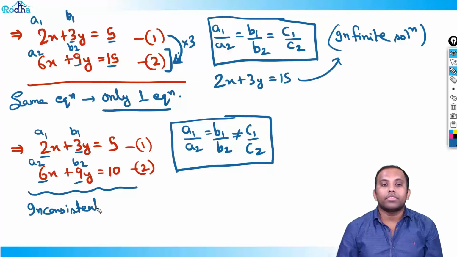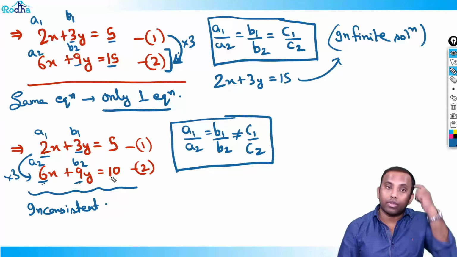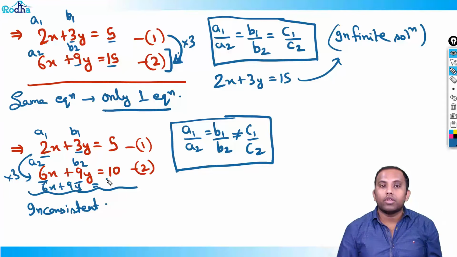The equations are inconsistent because a1 by a2 equals b1 by b2, which means this is multiplied by 3. So if 2x plus 3y is equal to 5, and it is multiplied by 3, that means 6x plus 9y is equal to 15. But it is 10 only, right?